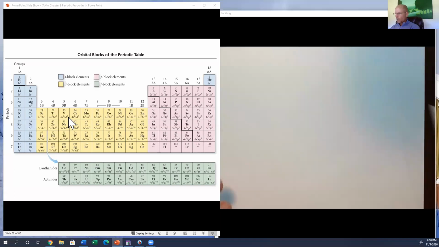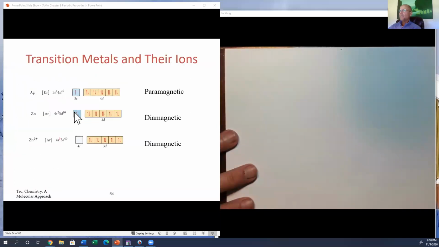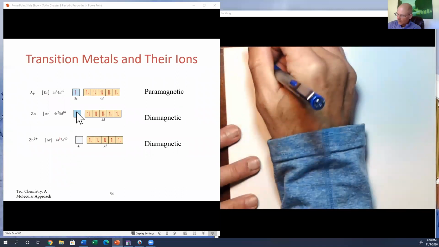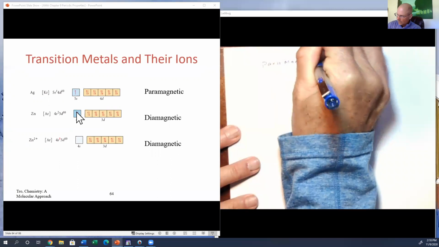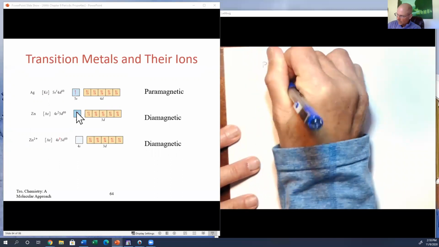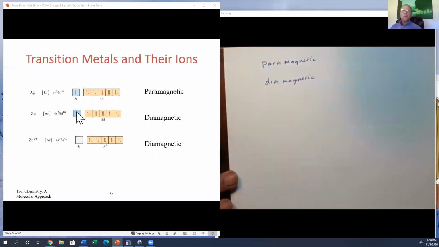Let me define a couple words here. They are paramagnetic and diamagnetic. The magnetic properties of elements depend on unpaired electrons. Remember we said that electrons have a spin, ms plus 1/2, ms minus 1/2, and that means the electron is spinning.